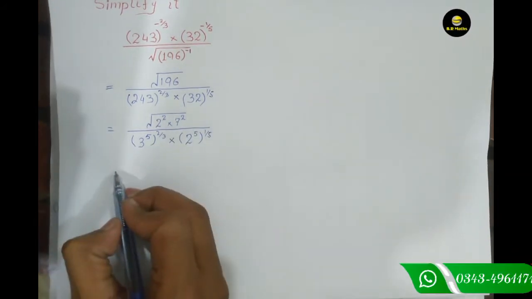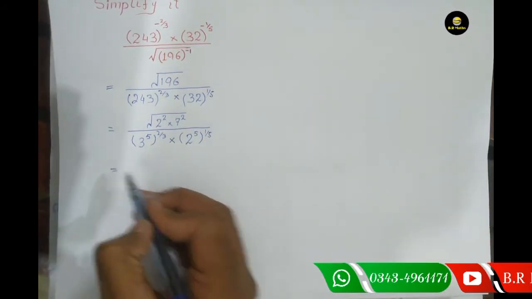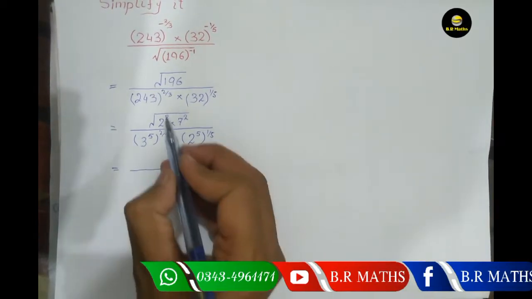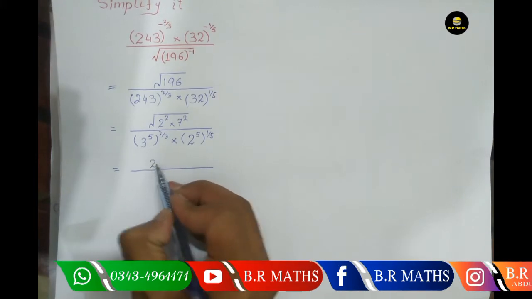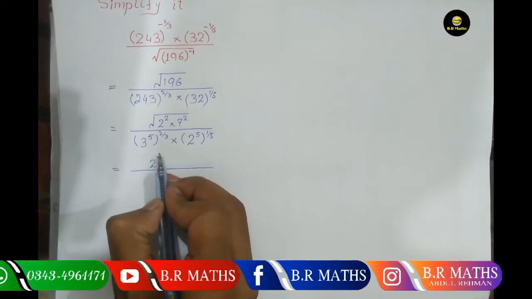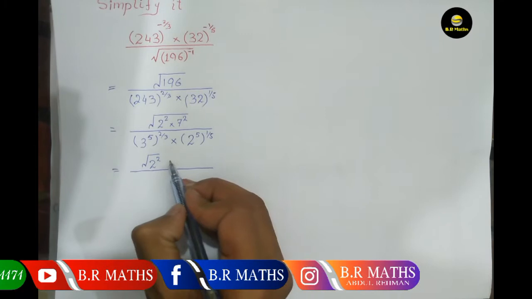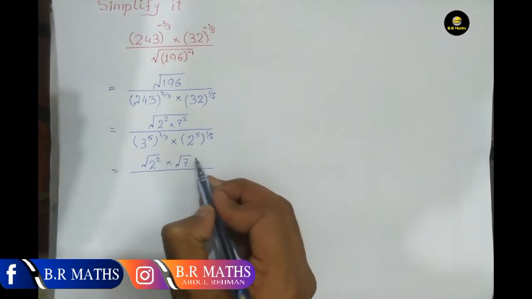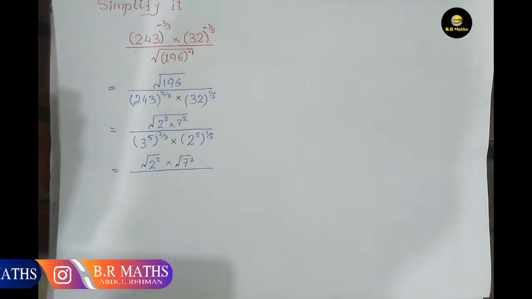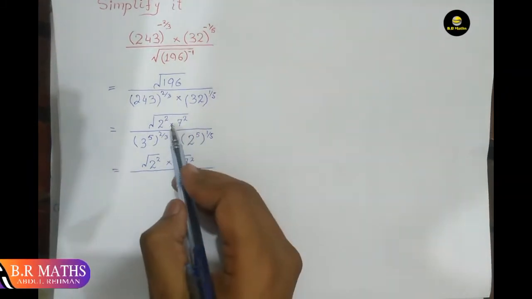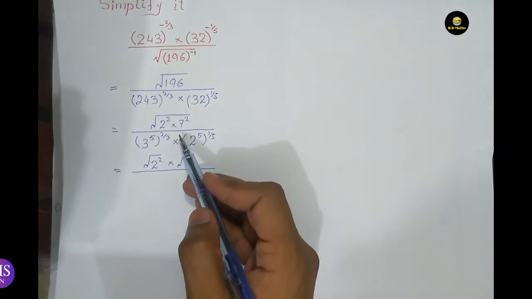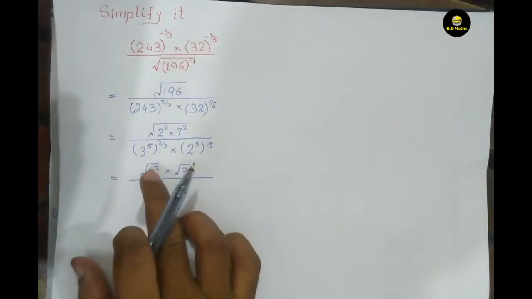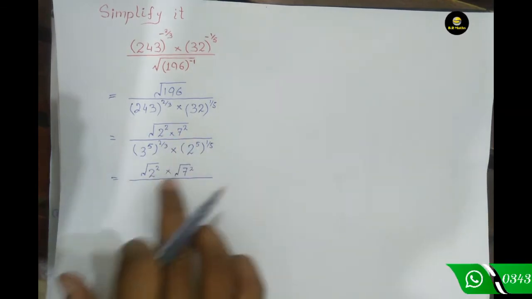The next step is to open the bracket and simplify. First, 2 square and 7 square under the square root. In a radical sign, when two or more numbers are in the form of multiplication or division, we can separate the radical into different terms.